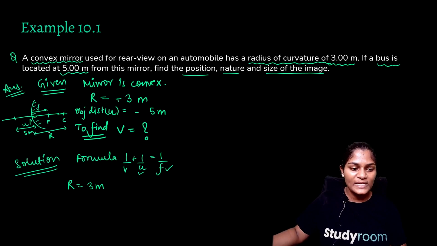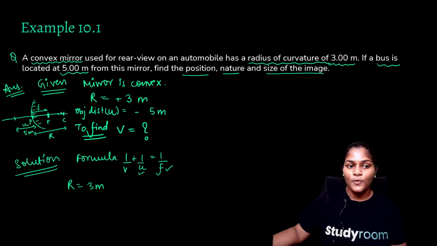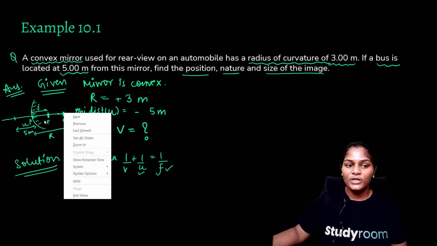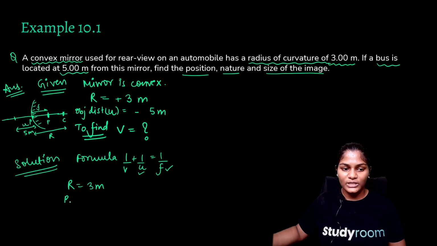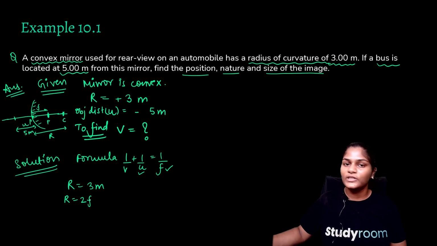Go back to this place. Can you see this is your r? And we always said that the same distance that we take between the pole and the focus is the distance we take from the focus to the center of curvature, which means F is the midpoint of PC. What is PC? PC is nothing but the radius of curvature. So we know that radius of curvature is 2 times the focal length, or focal length is half the radius of curvature.